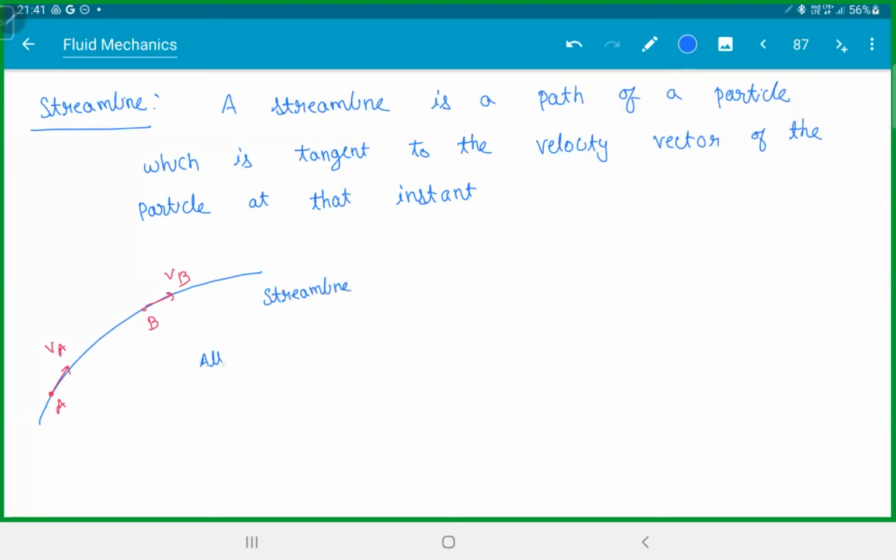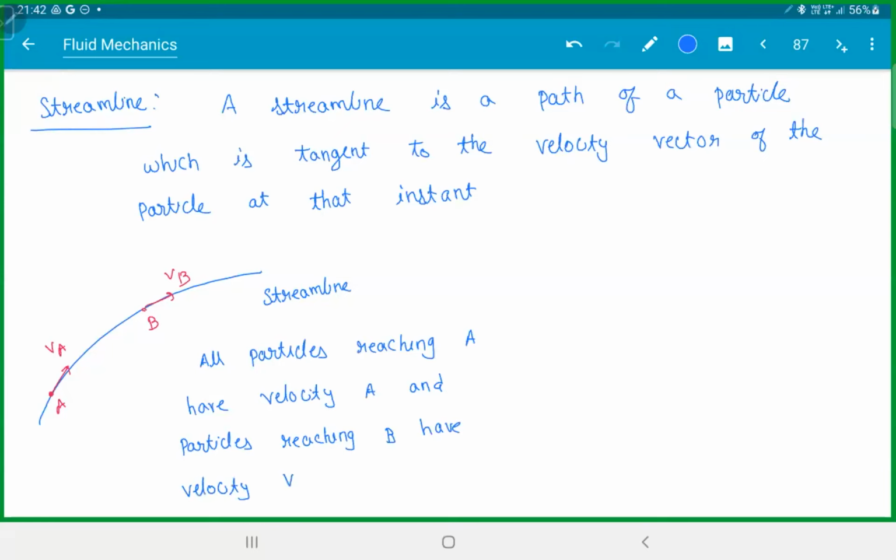Here all particles reaching A should have speed VA, and similarly, the particles reaching B should have velocity VB. So basically here velocity at a point is constant.